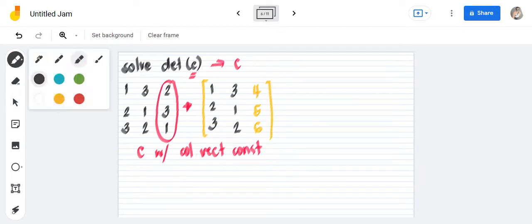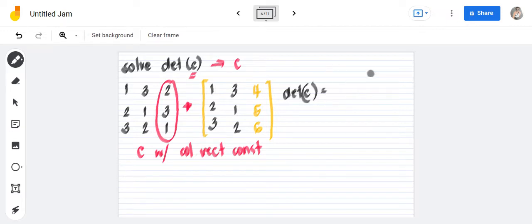Okay. So the determinant of C now is equal to 1 times 1 times 6, 3 times 5 times 3, 4 times 2 times 2, minus, so upwards, 3 times 1 times 4, 2 times 5 times 1, 6 times 2 times 3.